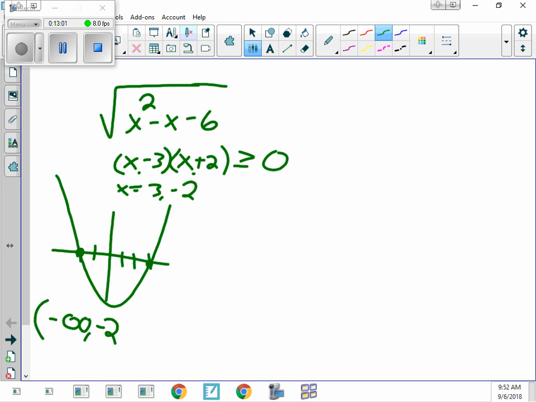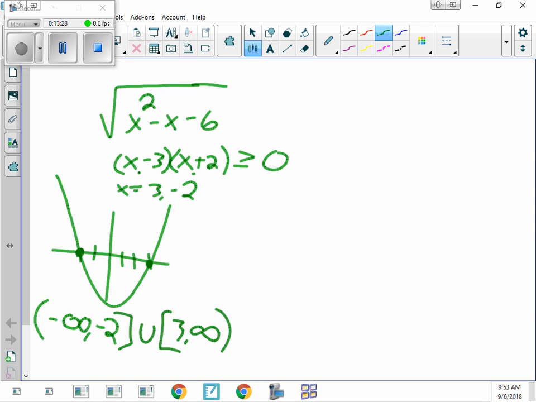Does negative 2 count or not? Yes, because it is 0. So that's a bracket. Union with 3 to infinity. Like that. Hey, that's kind of a hard one. But you just want to know, when is that graph on the x-axis or higher?